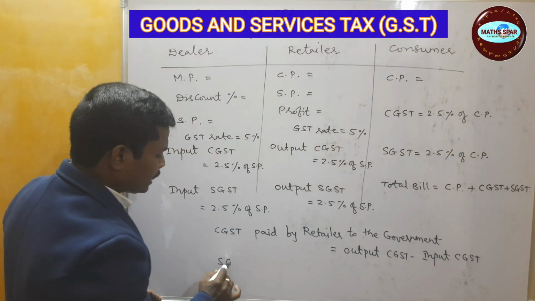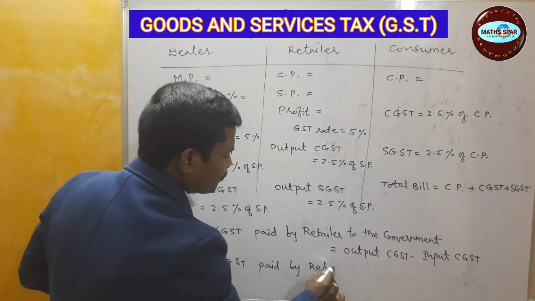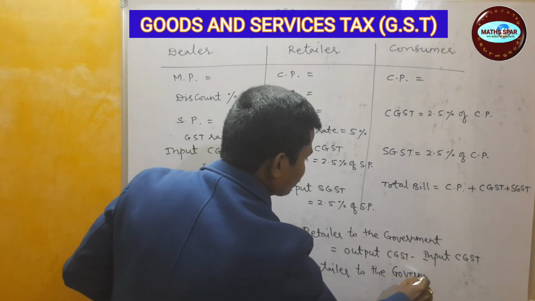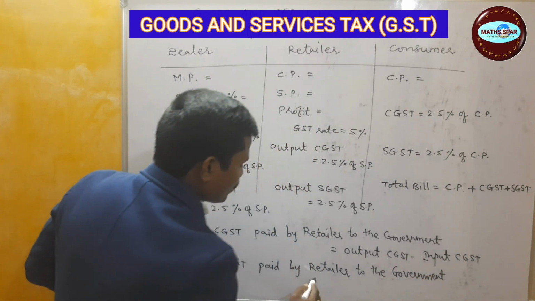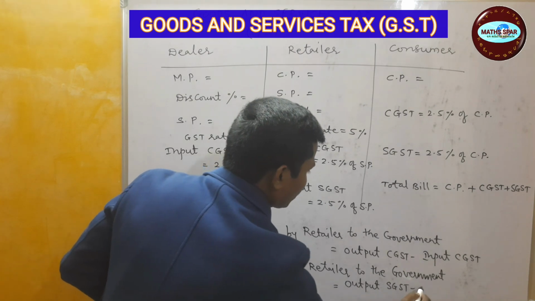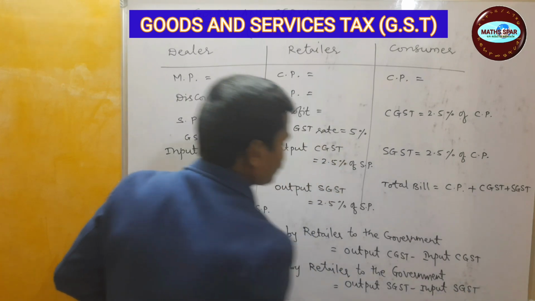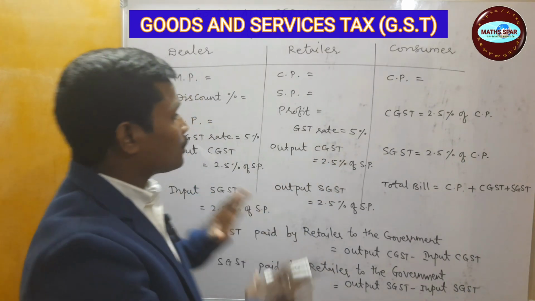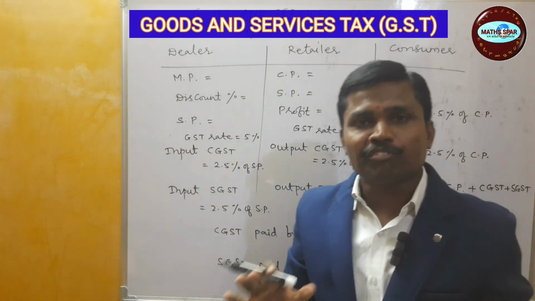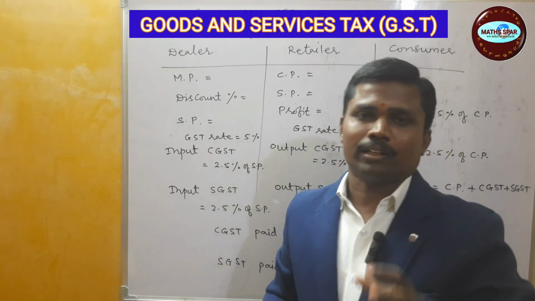Then SGST paid by retailer to the government will also be output SGST minus input SGST. So if you remember this format, you can solve any number of questions given on an intrastate transaction.